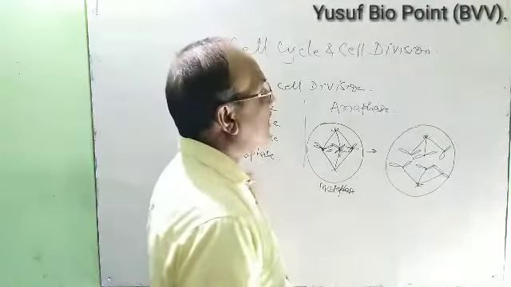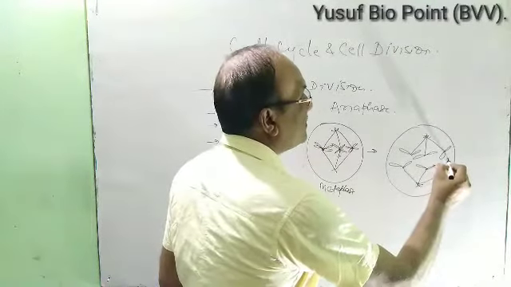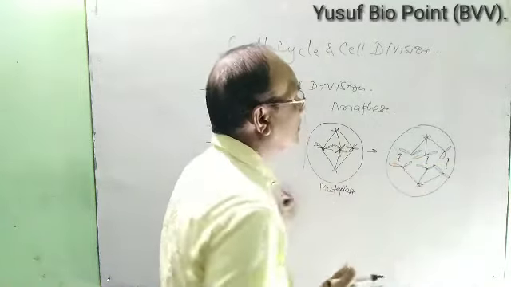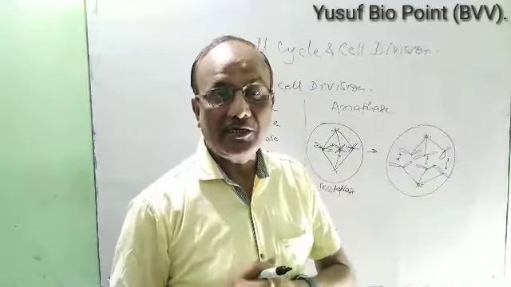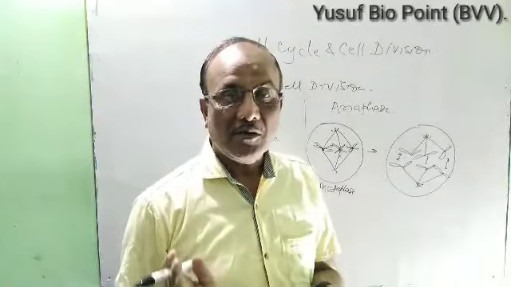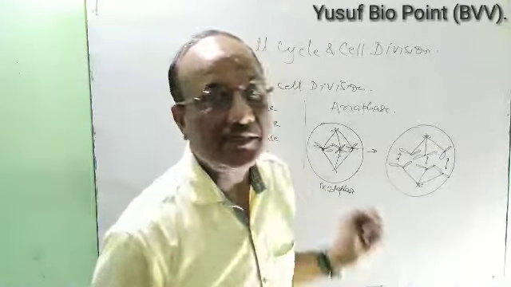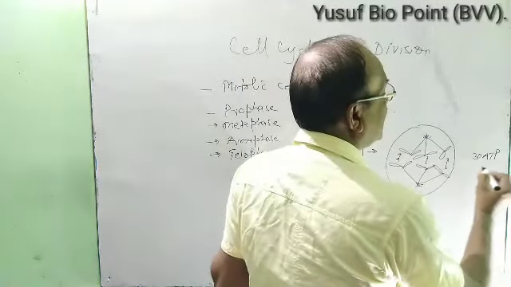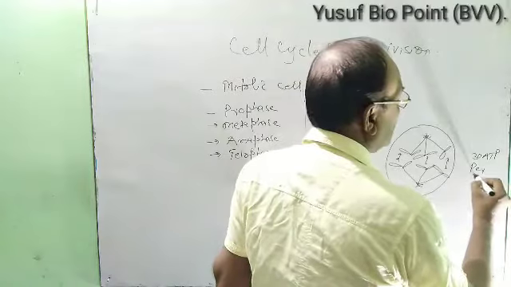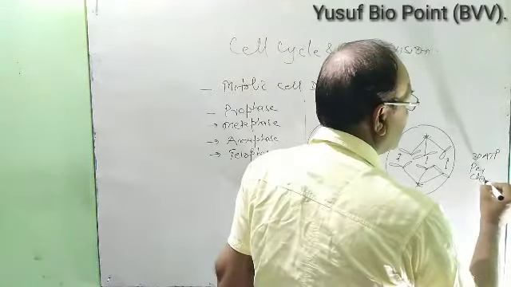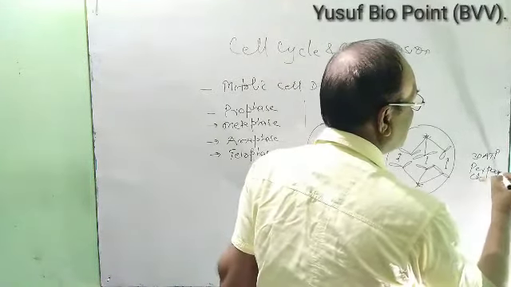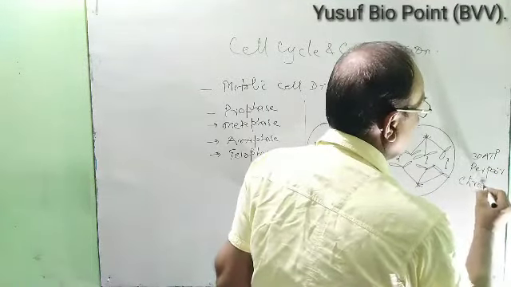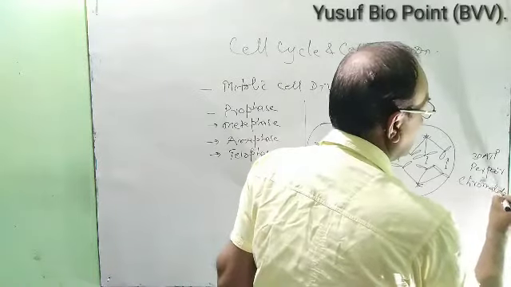And you know that energy is applied to separate these sister chromatids, and that is about 30 ATP per chromatid.